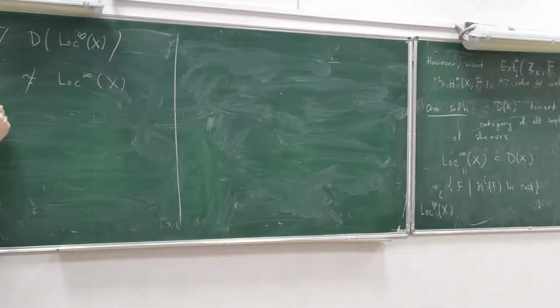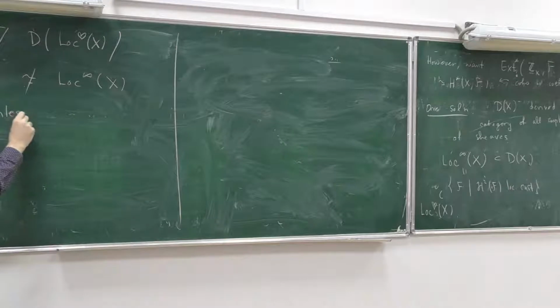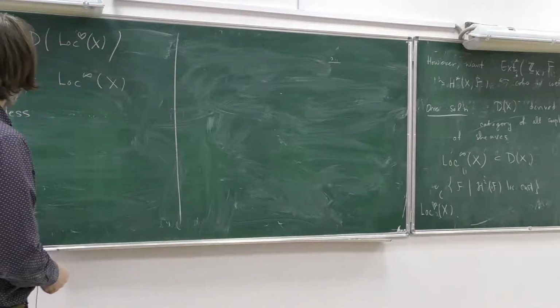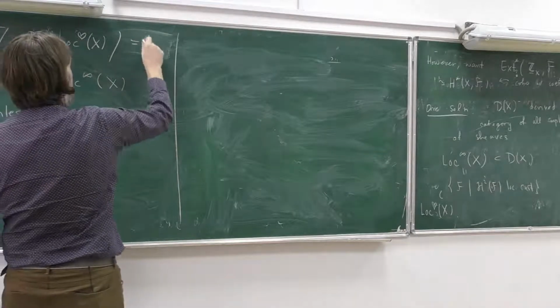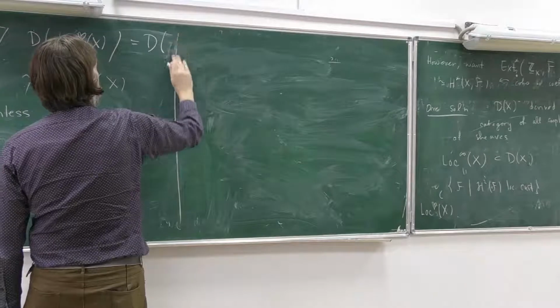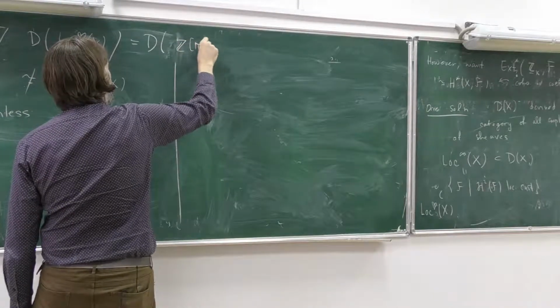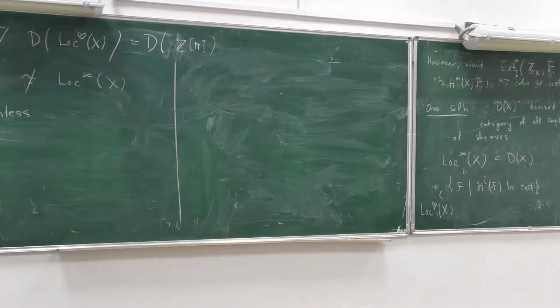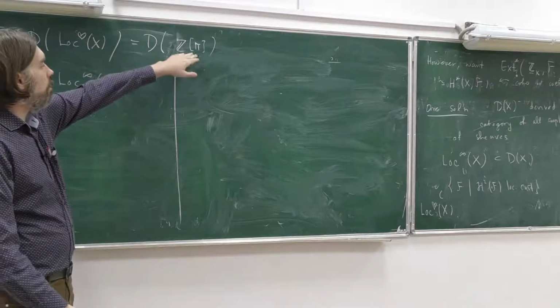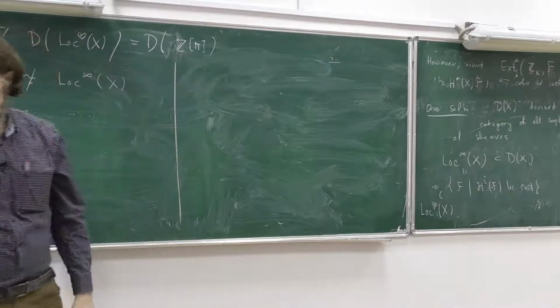So the problem is... let me give you the correct statement. So this would be D of the group algebra. And the reason this is not an equivalence in general is that it's not quite right to put the group algebra here.